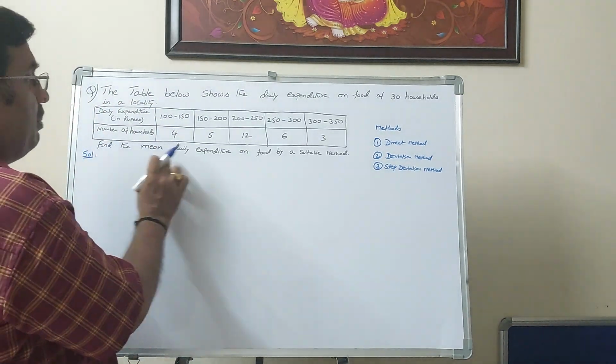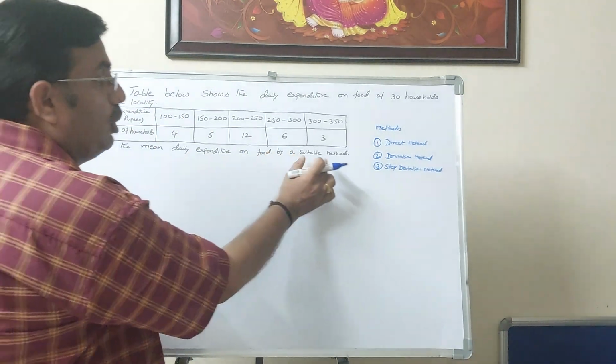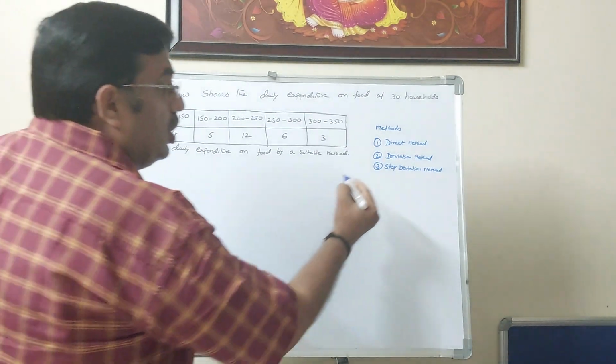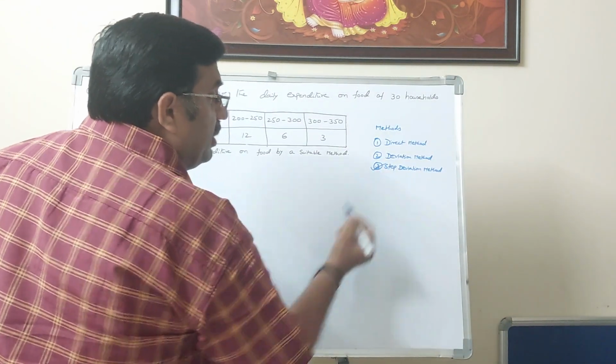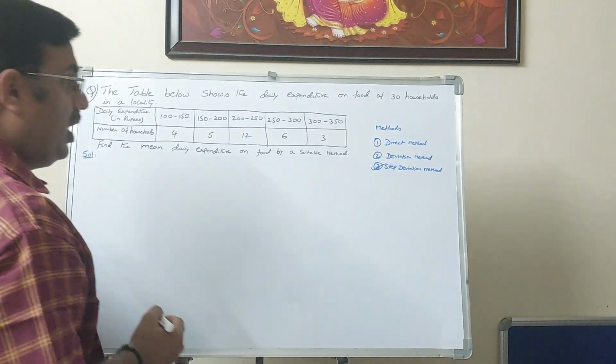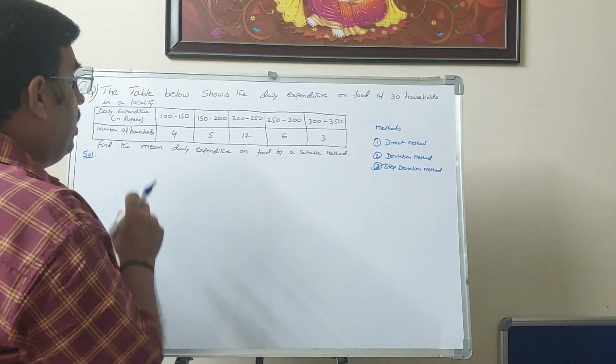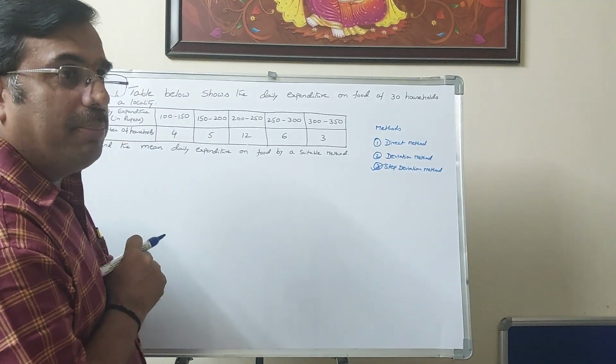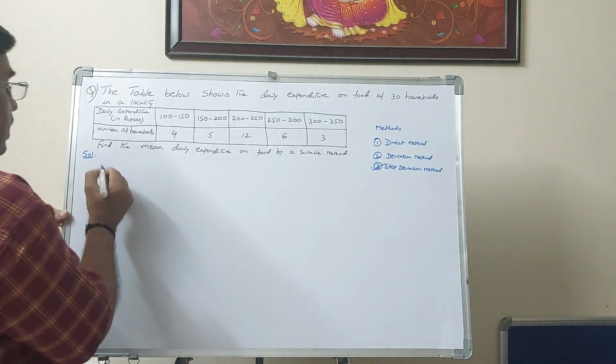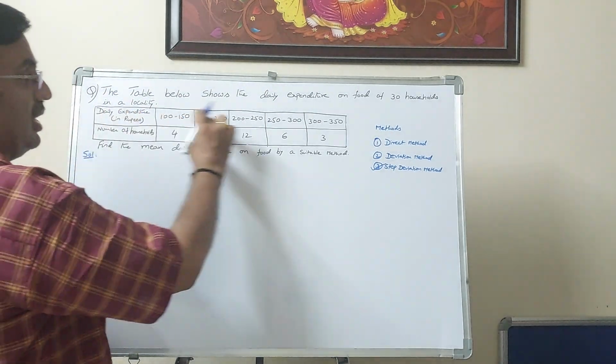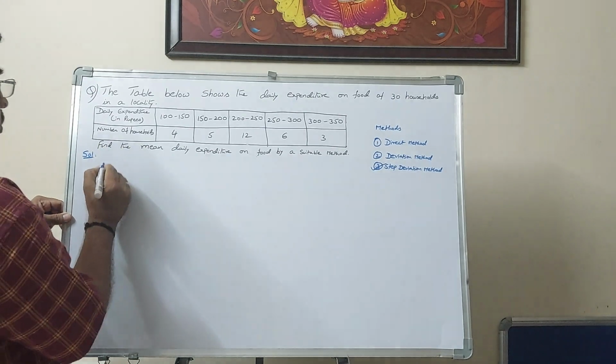Now, the question is asking to find the mean daily expenditure on food by a suitable method, which means I prefer the step deviation method because it's easy calculation. So how to solve this problem by using the step deviation method? Here it was given horizontally, so we'll write it vertically.